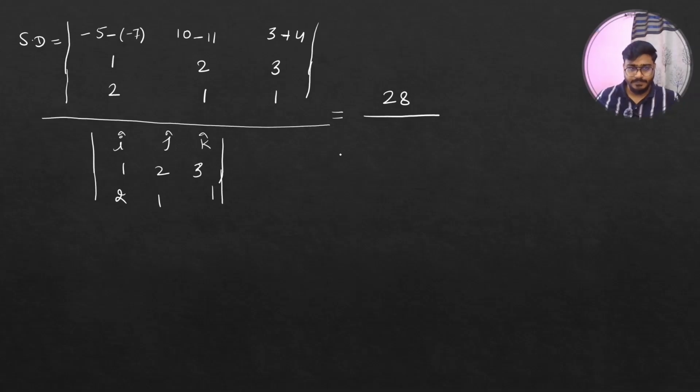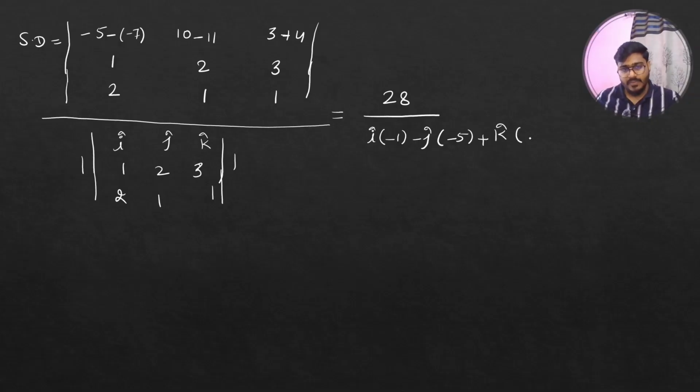Open this determinant, and take the magnitude, the modulus, of the resultant. So i cap into (2 minus 3) is minus 1, minus j cap into (1 minus 6) is minus 5, plus k cap into (1 minus 4) is minus 3. So this is 28 upon the magnitude.